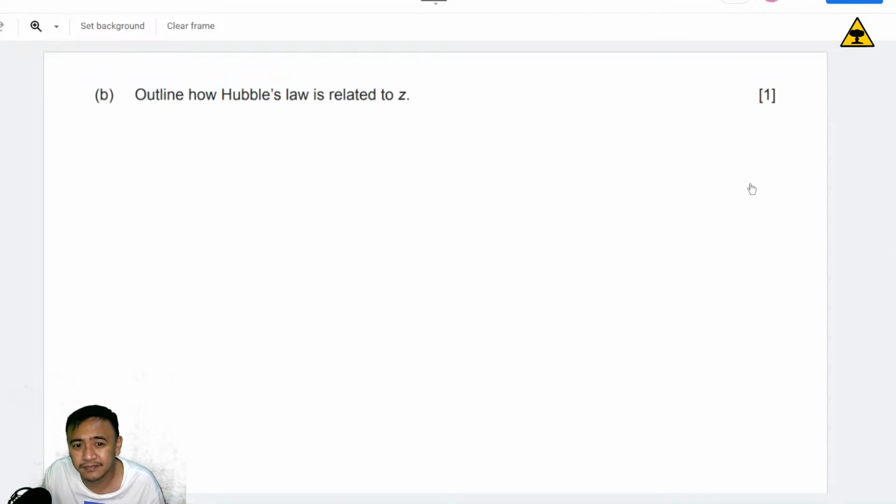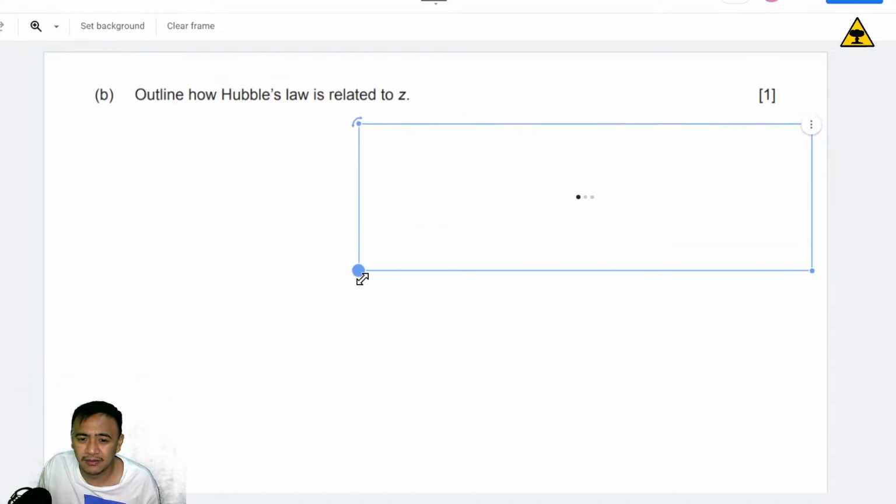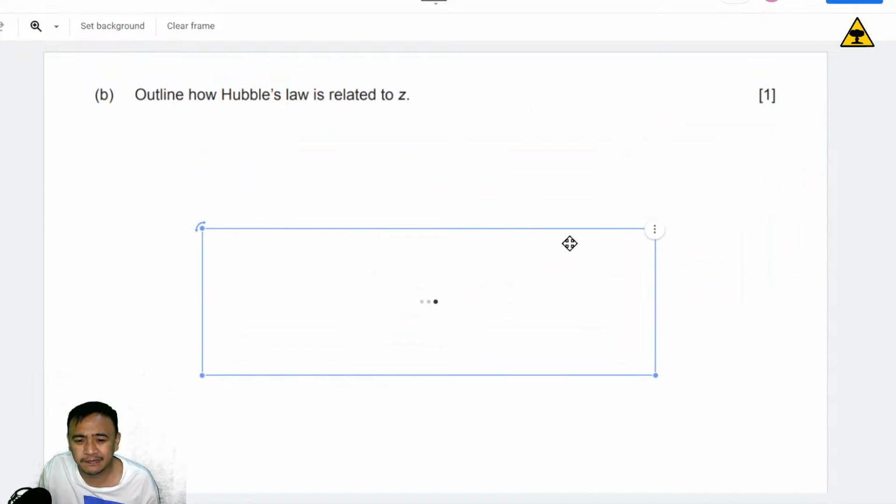Okay, got it. So let me just read the marking scheme quick just to be sure what the answer is. So the idea here is you have to go back to Hubble's law. Let me just post the actual marking scheme answer here. So here's what the marking scheme says. What does this mean? It's still loading.